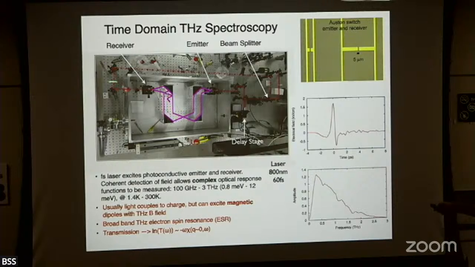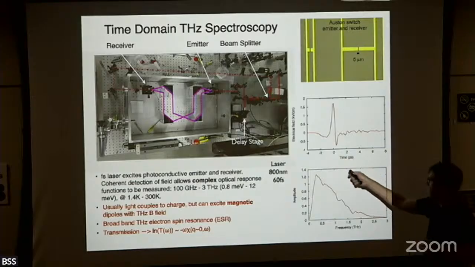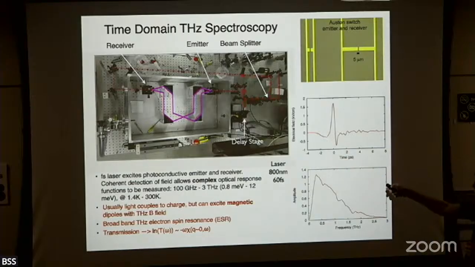Yeah, I kind of glossed over the issues, but the way this works is you have these pulses coming in, and if there are questions, I'm happy to talk about the details. The pulses are coming and hitting this thing at 80 megahertz. You've worked this out so that the second pulse is sampling at one particular place. You're measuring the electric field here. Then you advance the delay stage, and you sample at a different time.